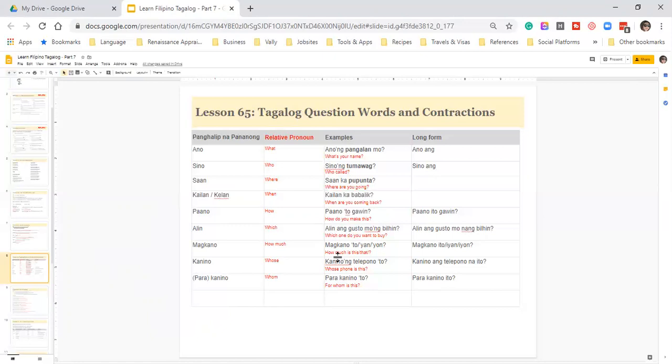You want to ask how much is, what do we normally use? Bayad. Magkano ang bayad? Let's say you want to know how much is the rent per month. Rent per month is your noun.